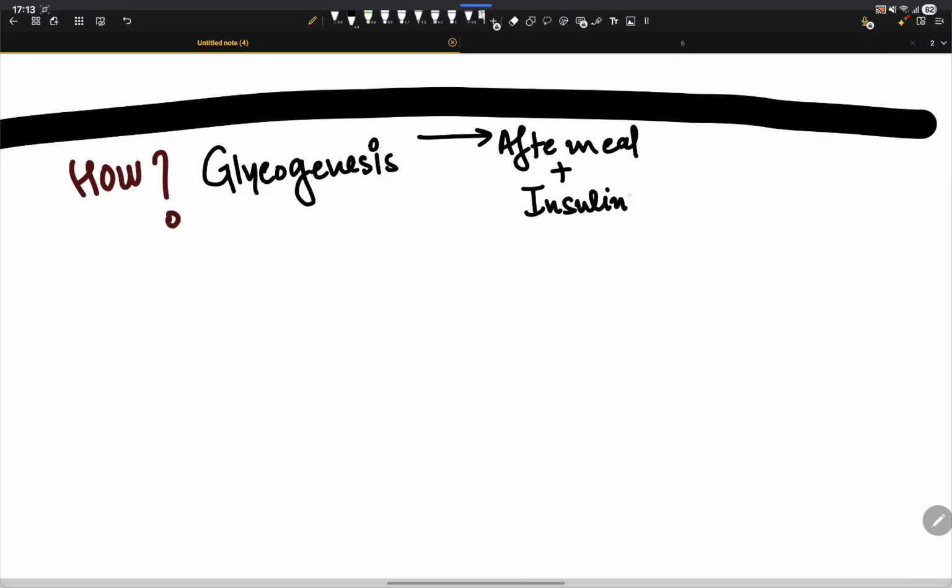If you don't have insulin, you will not do anything, because the glucose that will be available after your meal will kind of be wasted, right? Insulin is the hormone that lets the glucose be available inside the cell. It lets the cell gulp up that glucose, right? So we need two things to have that synthesis of glycogen.